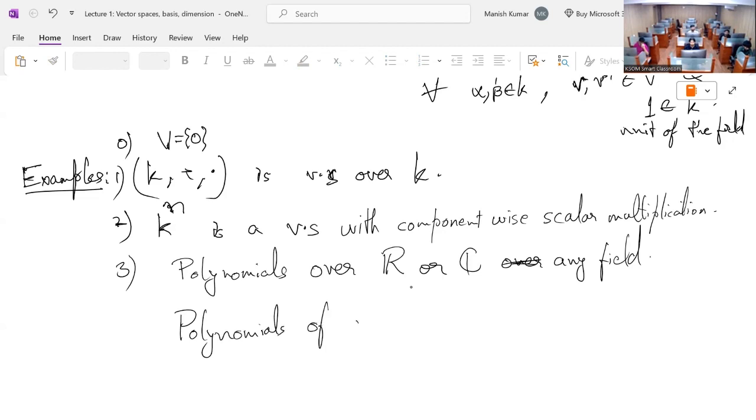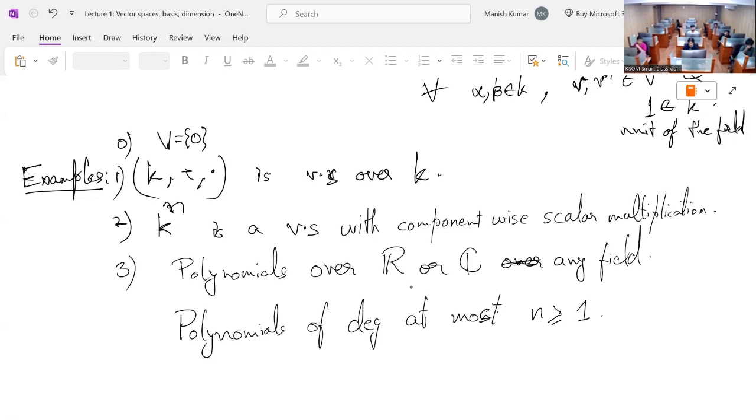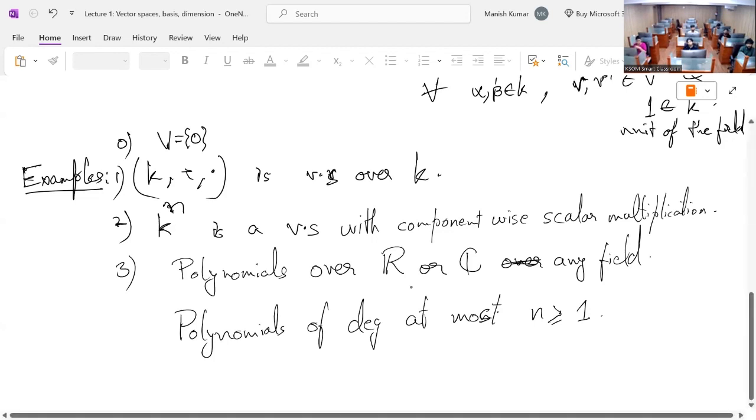You can take n equal to 0, but then it will be the trivial vector space. If you take the sum of two polynomials, the degree doesn't go up. So if two polynomials have degree less than or equal to n, then their sum has degree less than or equal to n. So this is also a vector space. These are some examples of vector spaces.